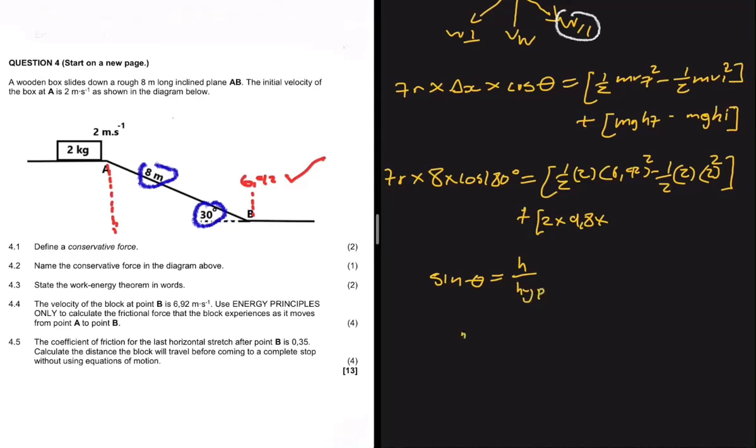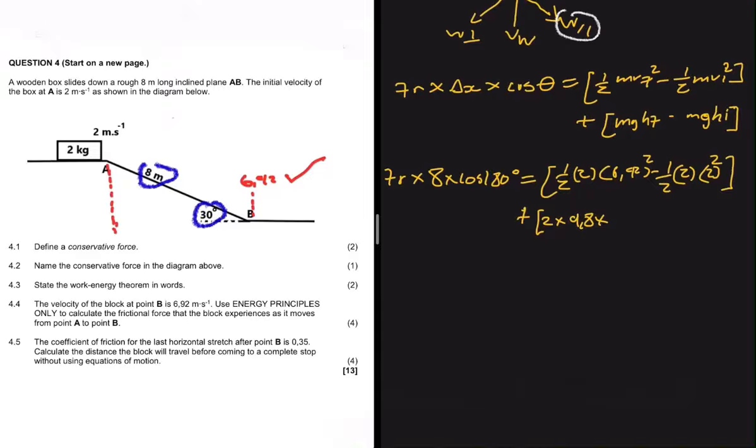So sine of 30 equals the height divided by 8. So the height is equal to 8 multiplied by sine of 30, which is equal to 4. So our height is 4. Let's go ahead and solve our problem.